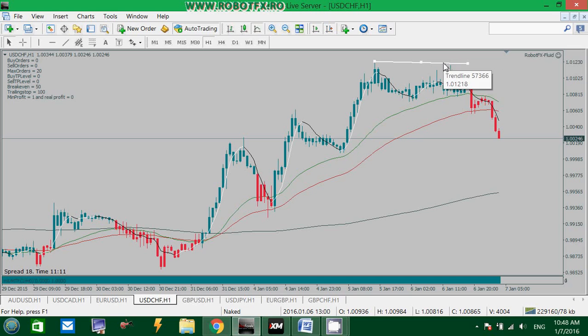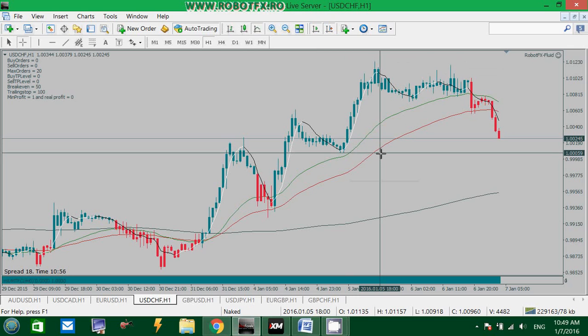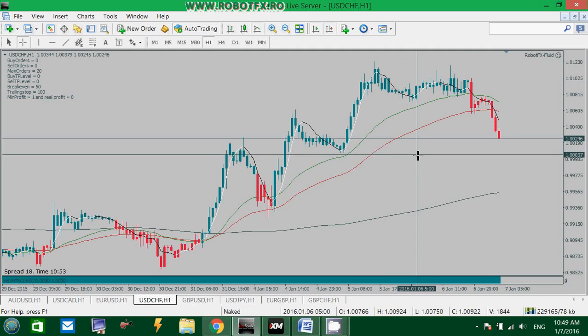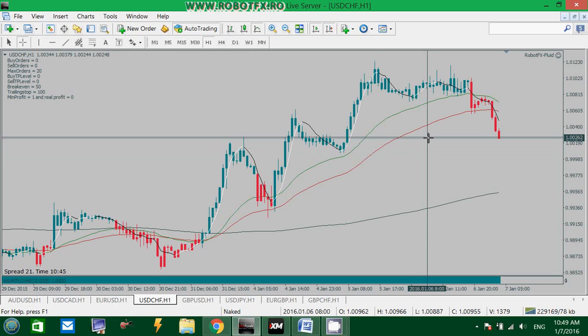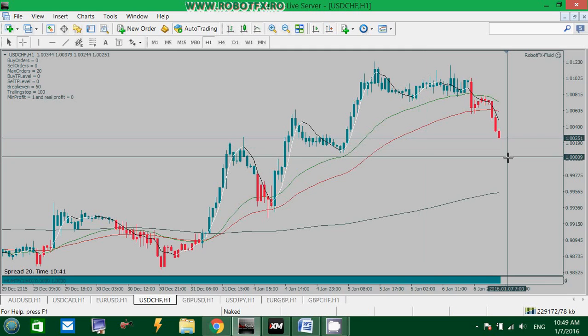And now, to be honest, I'm not sure if the trend will change or not. If it will not drop below this level, then I will activate the expert advisor to buy. If it drops below, I will wait.